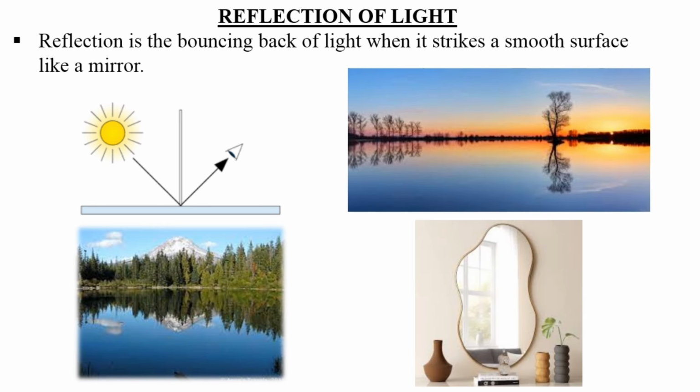The light doesn't just stop, it bounces back. This is how we see ourselves in mirrors. Reflection helps us in many ways, from looking in mirrors to using shiny surfaces for signaling. The images below show the reflection of light.